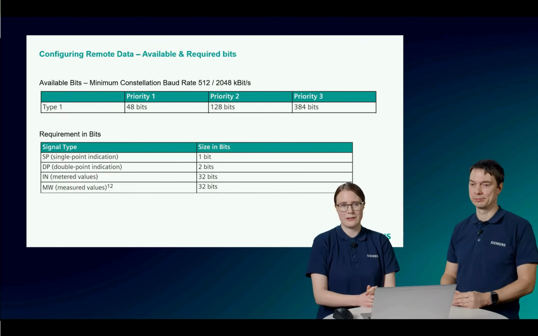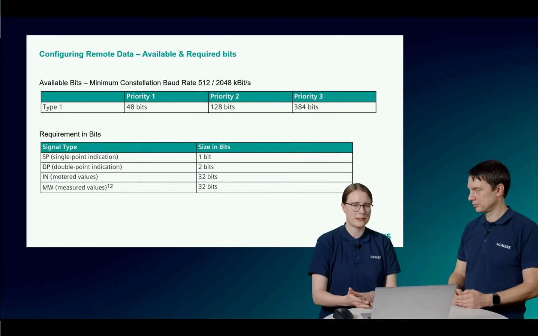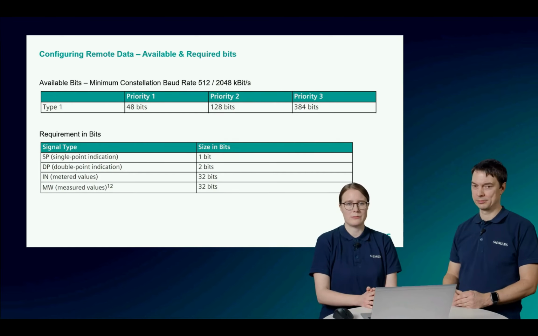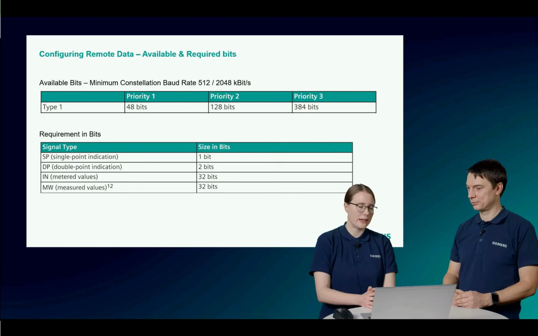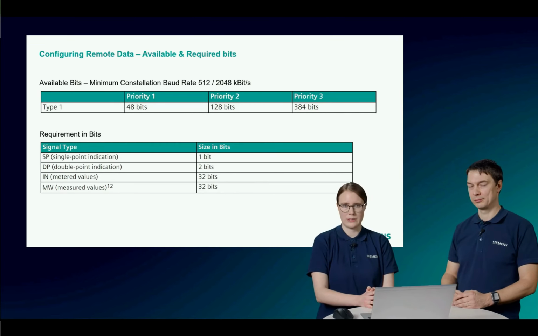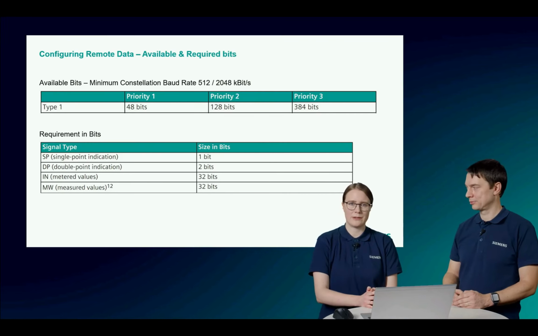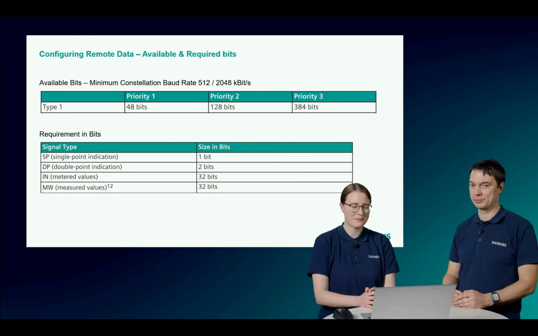So here you see for my type 1 protection interface communication, that means type 1 is the one for line differential protection, you have with priority 1, 48 bits available, priority 2, 128 bits, and with priority 3, 384 bits, sorry.